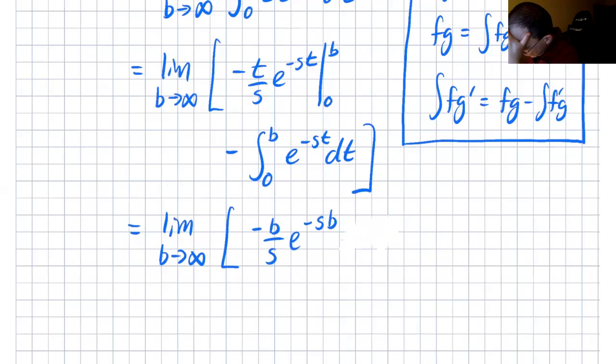So I'll just write minus 0. Now let's do this integral here. It's minus the integral of this, so it's minus 1 over s e to the negative st from 0 to b.